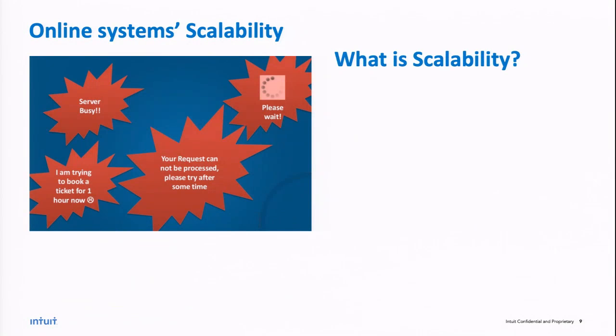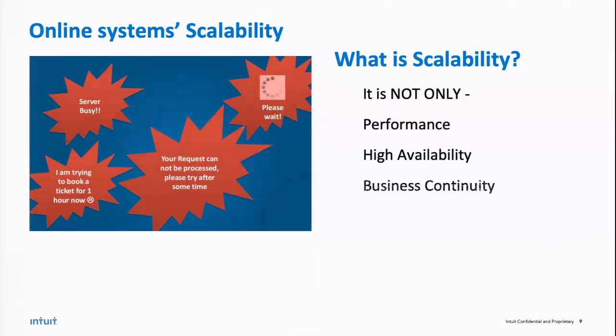So let's define, what is scalability? What are the main parameters you can list out, such that if I have them, we can say that my system is scalable? Is it only because of high availability, or only because we have a bigger business to do? Scalability is not only performance or high availability or having a lot of customers.